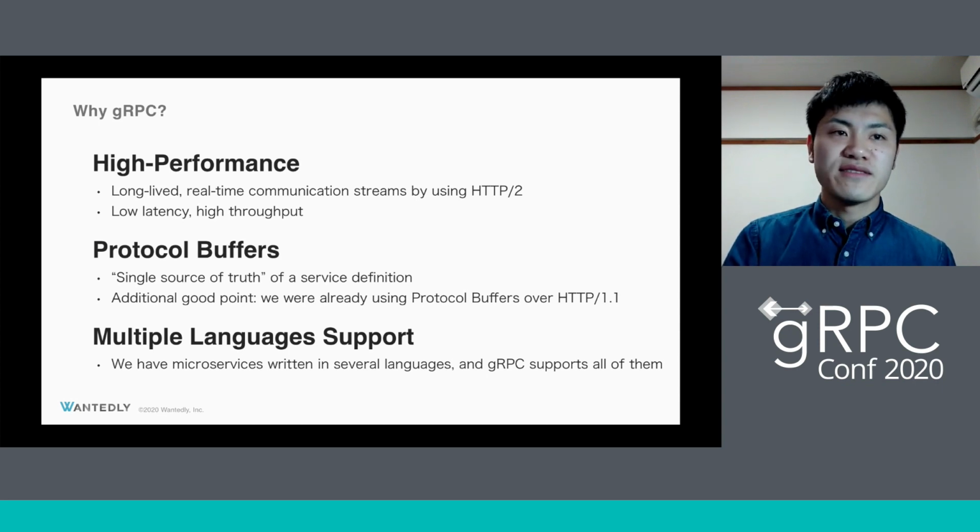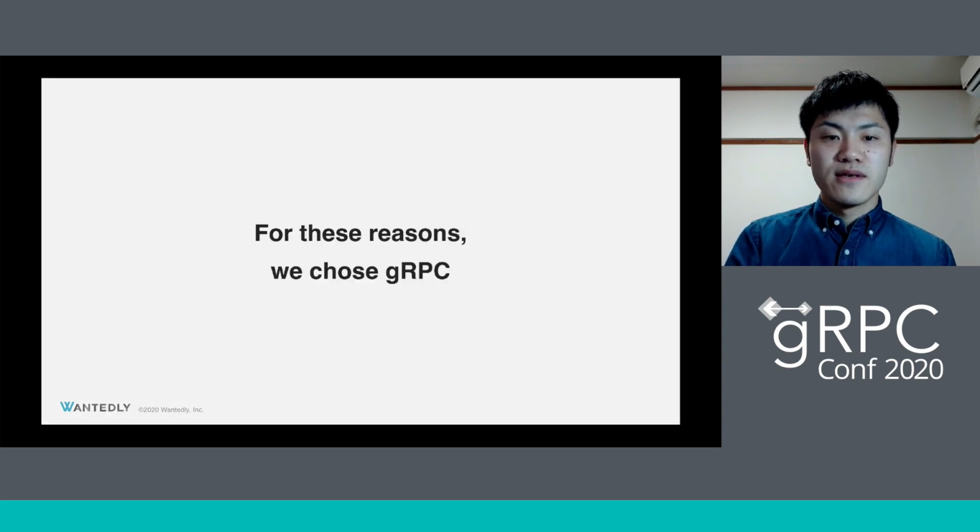So it was a very natural choice for us. And the third reason is multiple language support. We have microservices written in several languages such as Ruby, Python, Go, Node.js, etc., and gRPC supports these languages. It was a very important point. For these reasons, we chose gRPC.